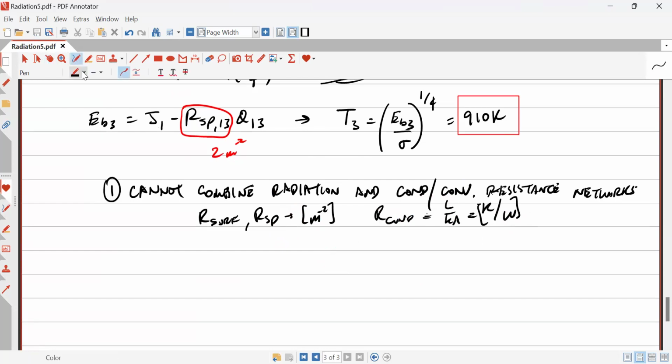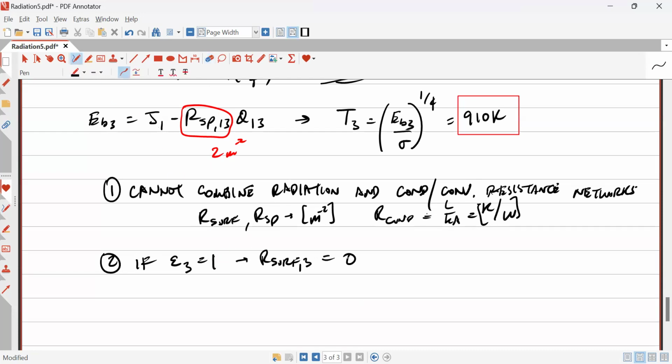The second thing, which is a little more subtle and specific to what we're talking about here, is that you may get a situation where surface 3 is a black body. If surface 3 is a black body, epsilon 3 is 0, that means our R surface 3 is equal to 0. Actually, black body means epsilon is equal to 1, sorry.